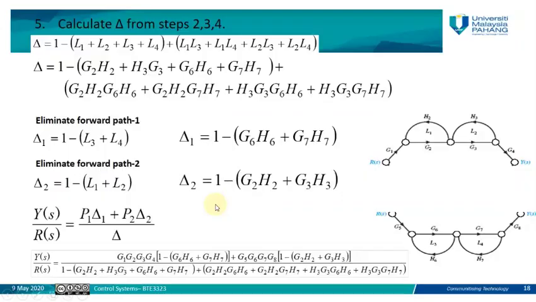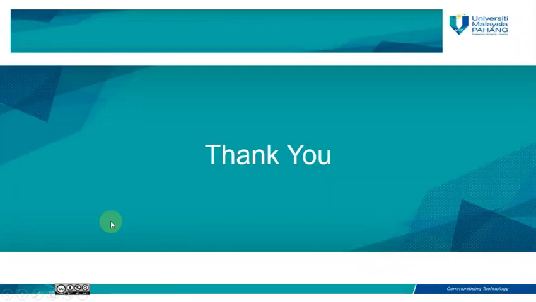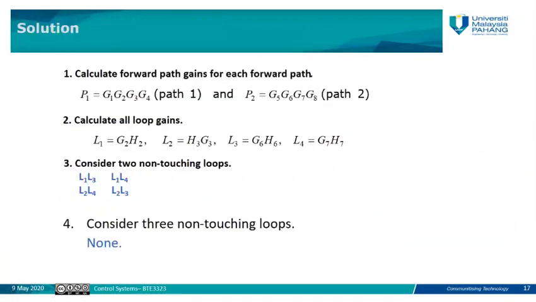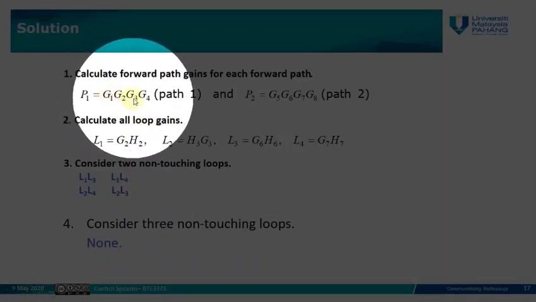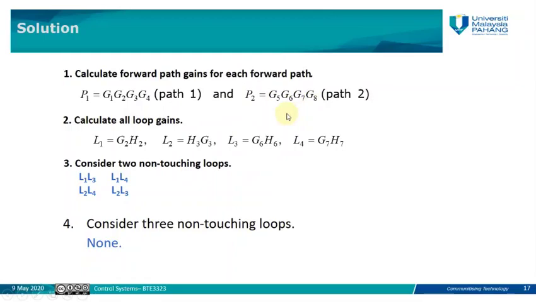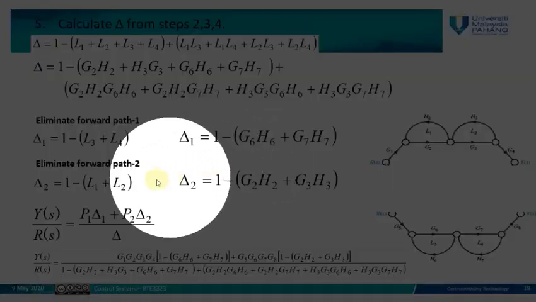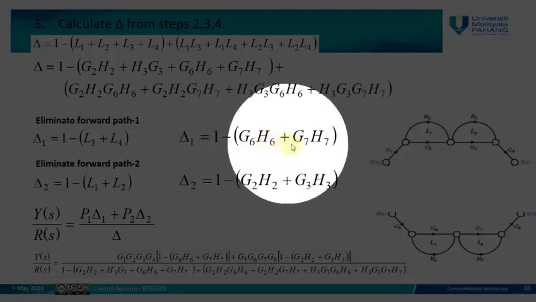Then we substitute these values in this formula. P1 is already here: P1 is G1, G2, G3, G4. P2 is G5, G6, G7, G8. Then we have the value of delta 1, which is 1 minus G6 H6 minus G7 H7.